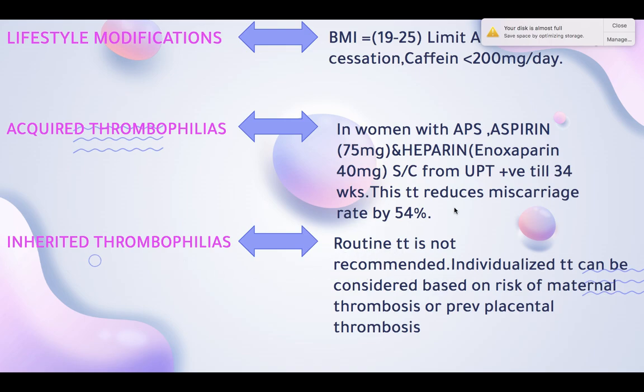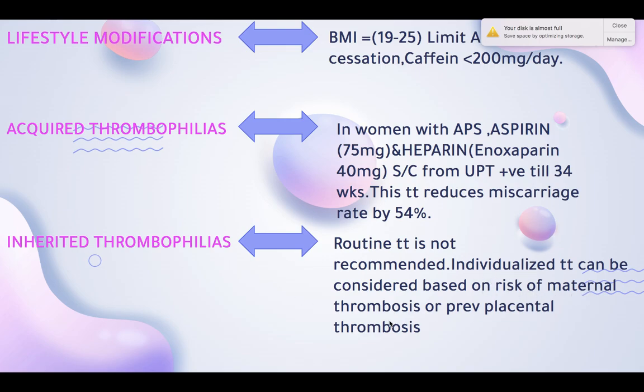So what are we going to choose in the exam? In the exam, we are not going to pick the treatment option, right? For the MRCOG Part 2 students. But for the Part 3 students? Part 3 students will say that yes, routine treatment is not recommended, but they are going to assess the risk of the patient in terms of maternal thrombosis and previous placental thrombosis, and then their multidisciplinary team or their consultants are going to decide, depending upon the individual situation, whether the treatment is required or not.